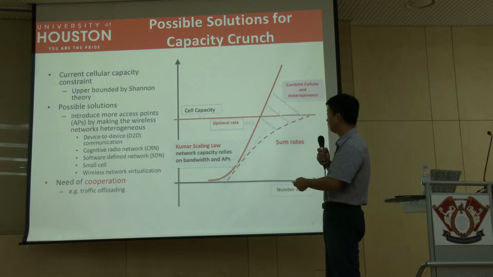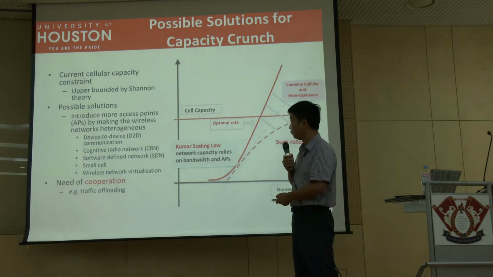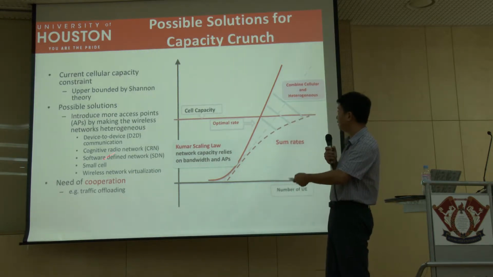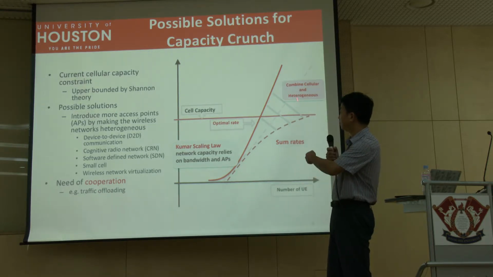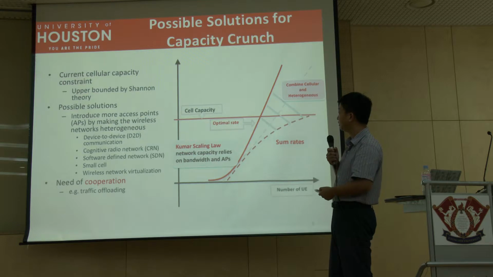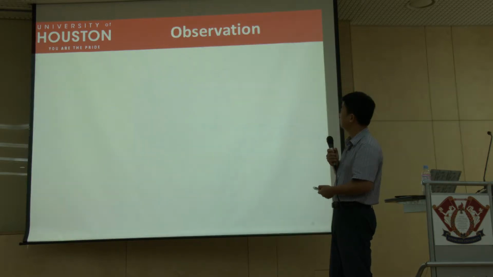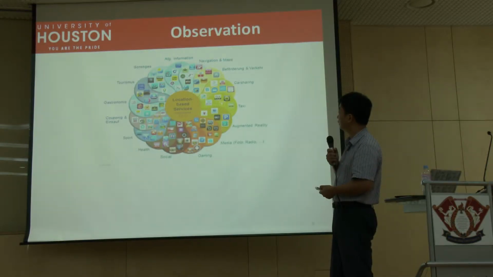In this case, you need cooperation among the different entities, so that, for example, you can use traffic offloading or other things to combine everything together and achieve this goal. But this needs cooperation.